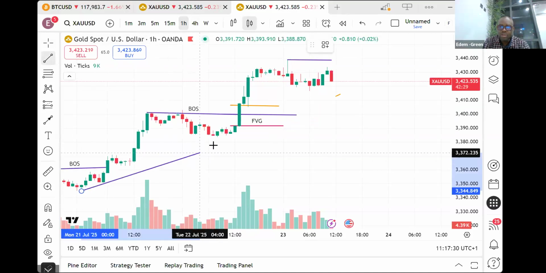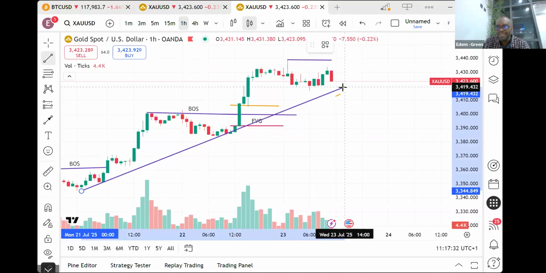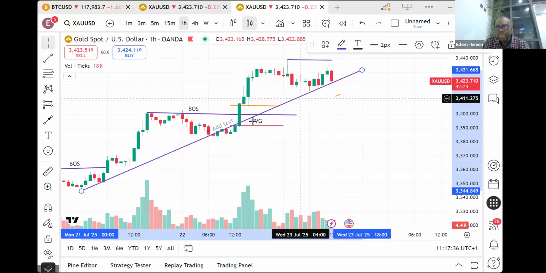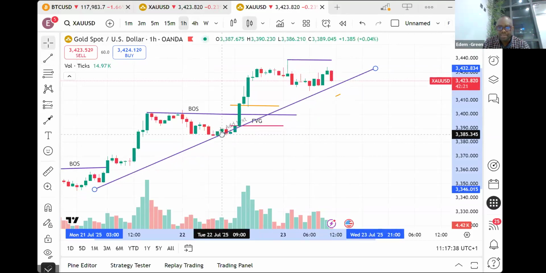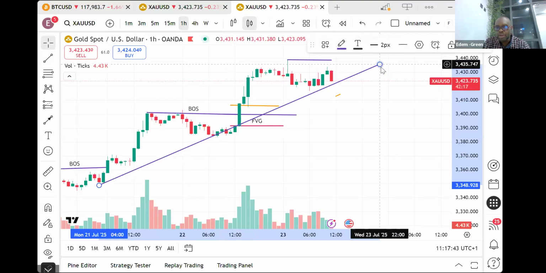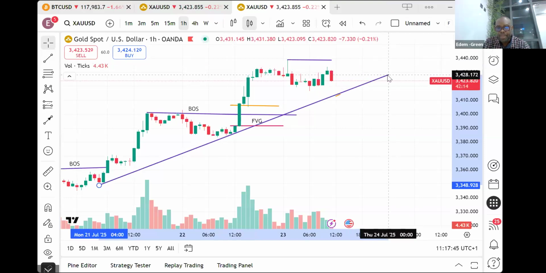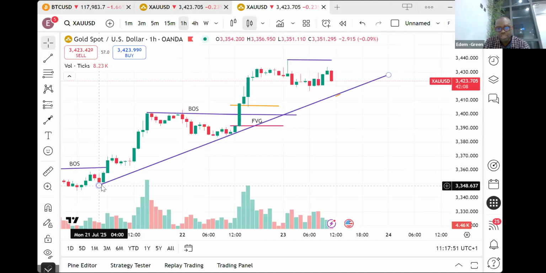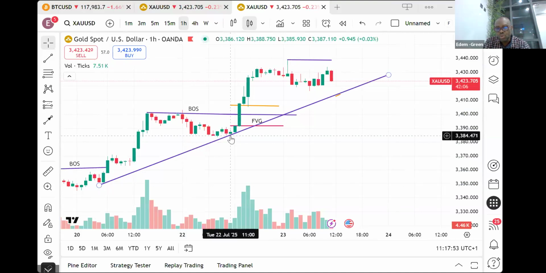The rule of drawing a trend line is that it must touch at least 2 candles, be it the wick or the body of the candle. I just drew this again, and it touches 3: this is 1 here, 2 here, and 3 here.